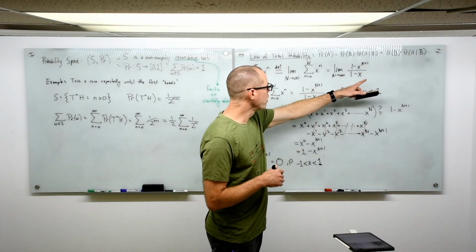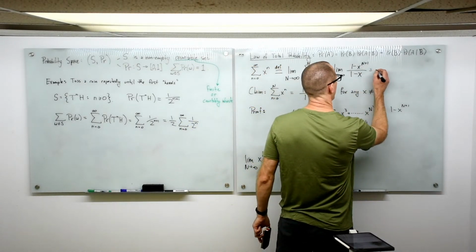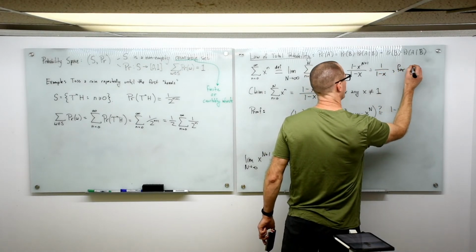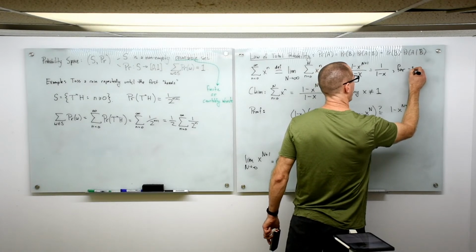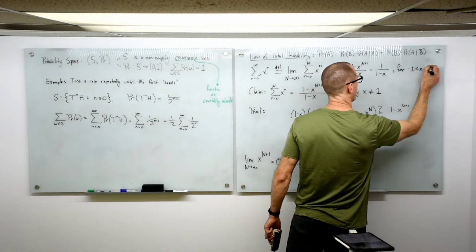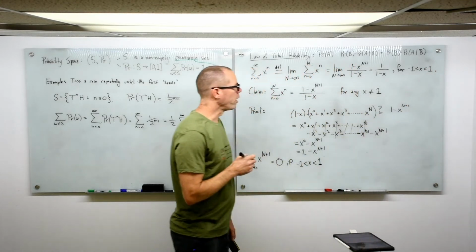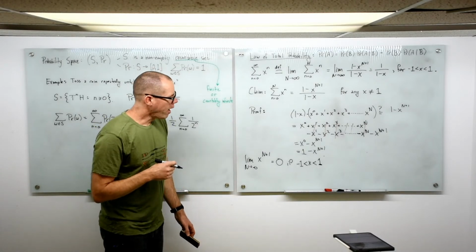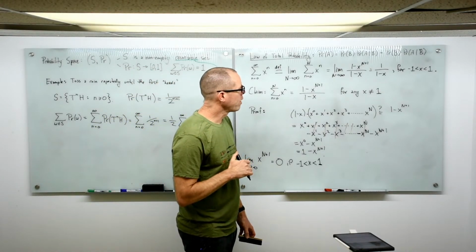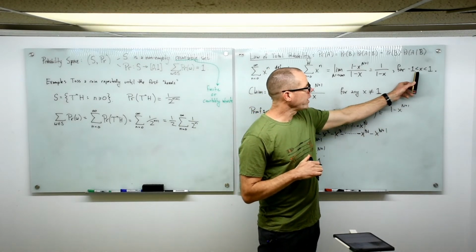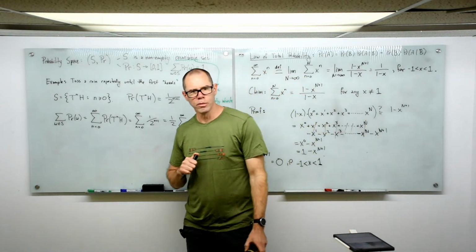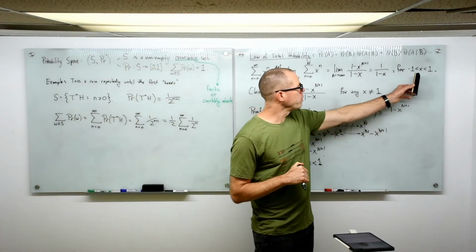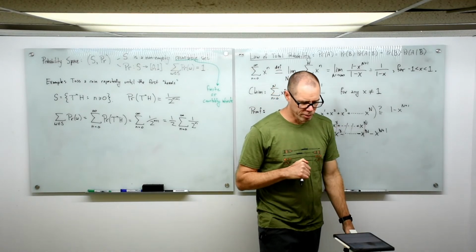So this thing just disappears, and we get 1 over 1 minus x, and that's only true for x between minus 1 and 1, not inclusive. Hardly in my work have I ever used negative x's in here, but it's nice to know that you could put negative x's there. For us, x is usually a probability, so it's between 0 and 1, so we're good there.